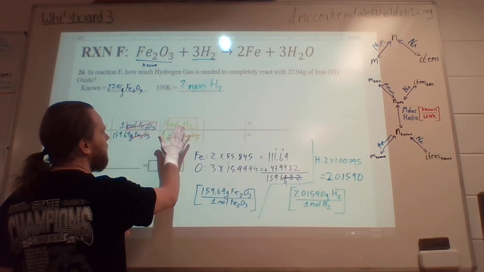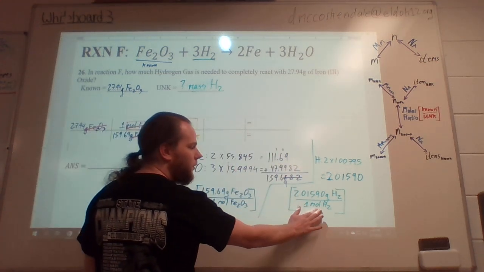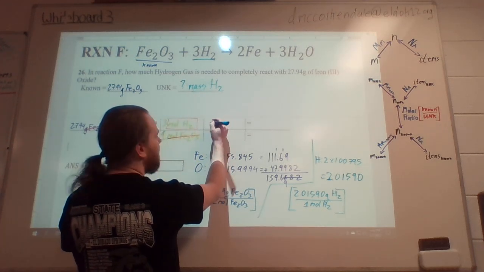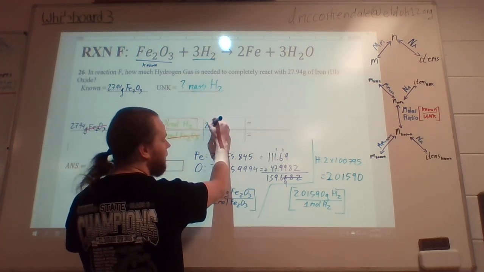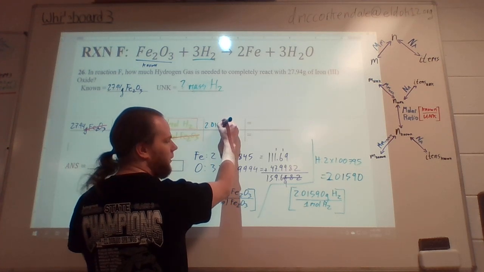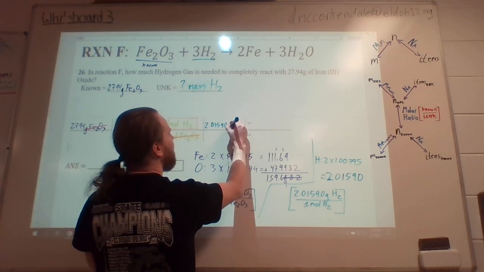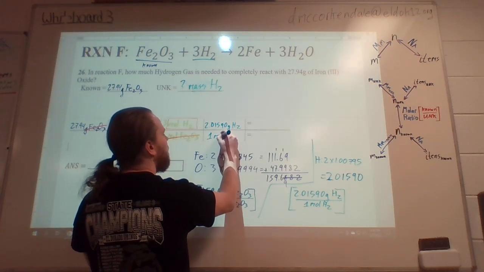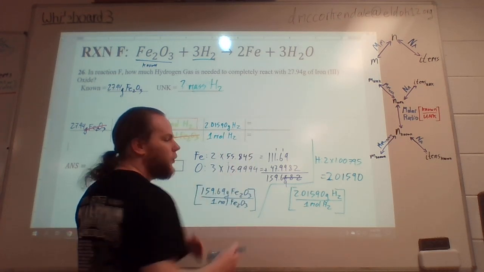We are in moles of H2 here, so we need moles of H2 in the denominator. So this time, we're going to leave it as is. We do not have to flip it this time. 90 grams H2 over 1 mole of H2.